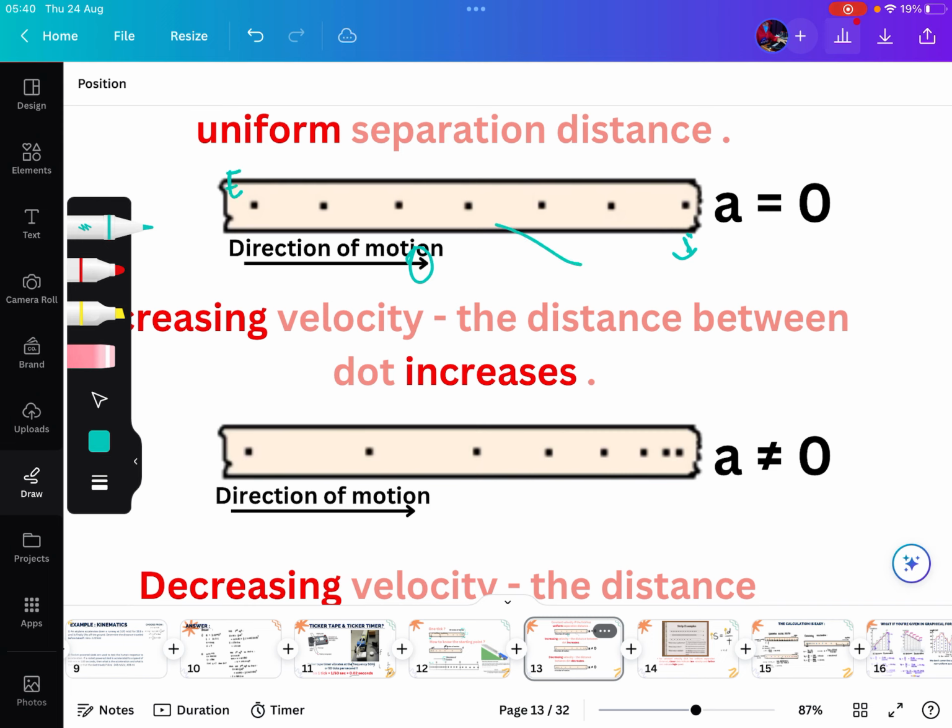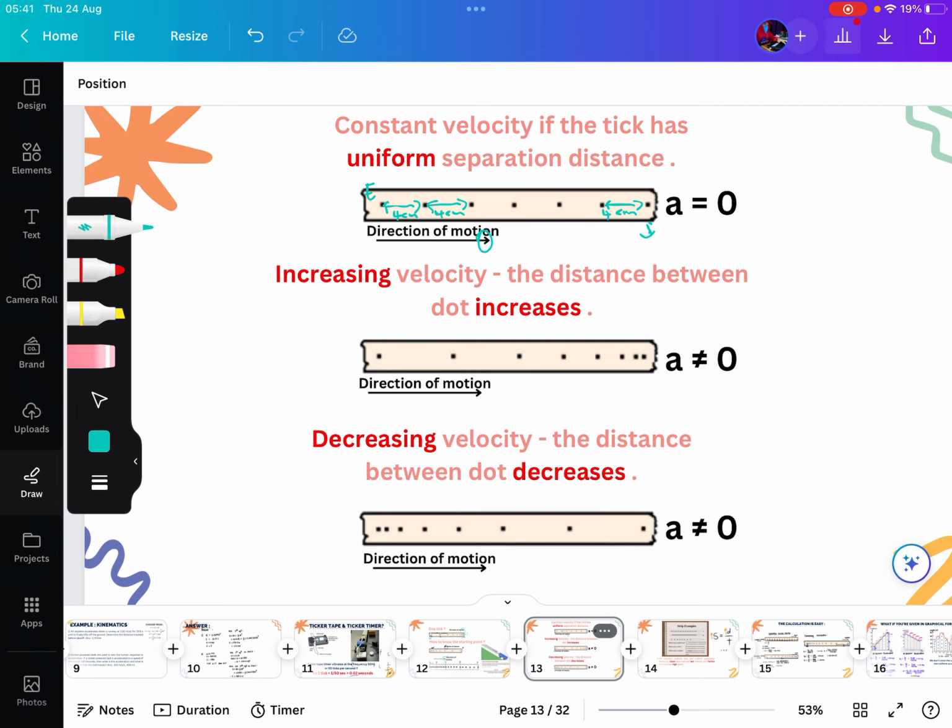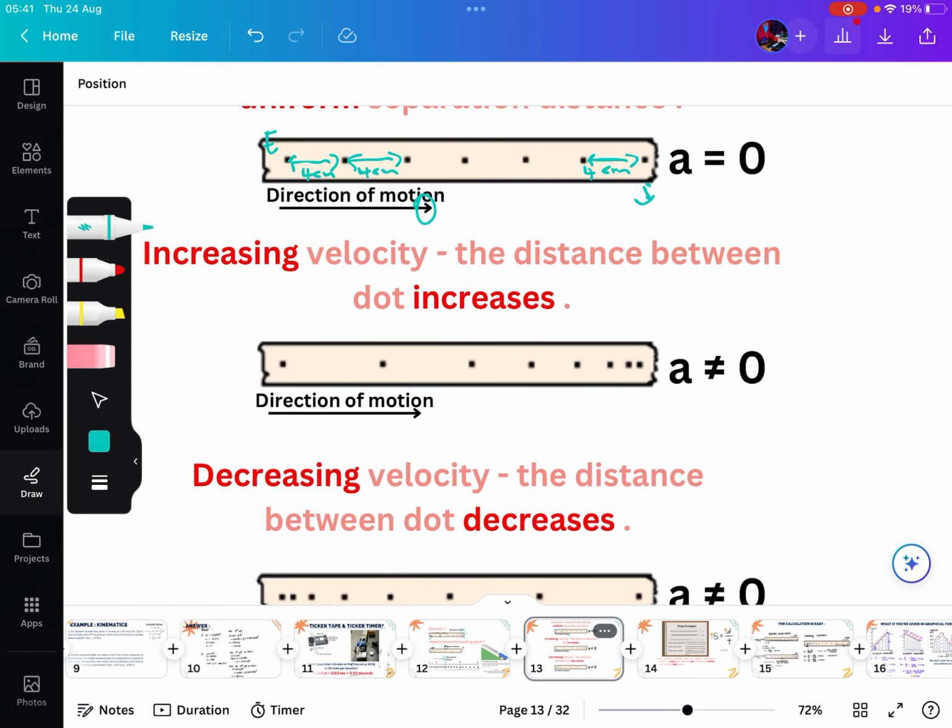When you see the separation distance is about similar, for example this is 4 cm, this is 4 cm, all the way until this. So if the separation distance is the same or uniform, it means the moving object has constant velocity. But for increasing and decreasing velocity, the separation distance of the ticks is not uniform.